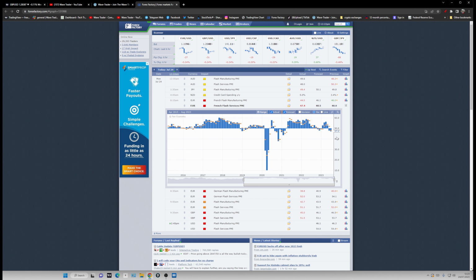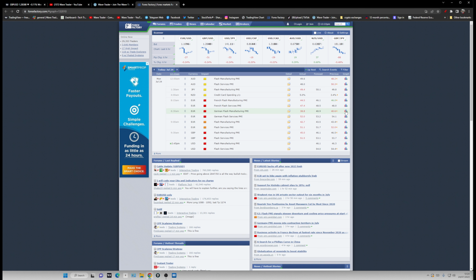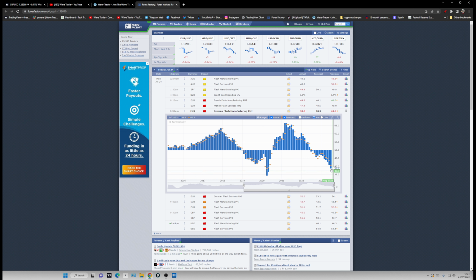The services sector also dropped in France below 50, even below the prediction, at 47. Bad numbers. Looking at manufacturing, German manufacturing is the worst right now, heading towards the 2020 lows, falling aggressively.